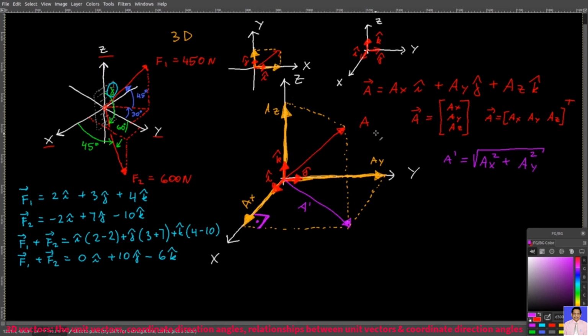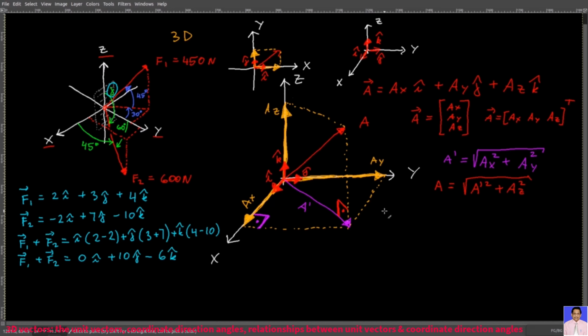And now if you want to get the magnitude of this 3D vector A, then notice that you have a right triangle here as well. And so you would have A squared equals A apostrophe squared plus Az squared. Or I can write A equals, and then I have square root here.